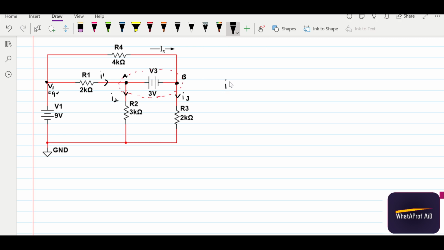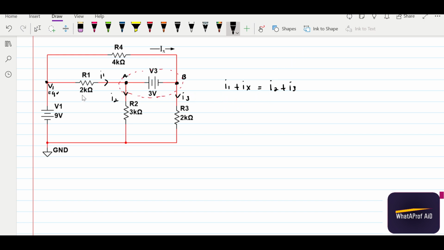So I1, and when we write the equation, I1 plus Ix going inside the node equals I2 plus I3 coming out of the node.